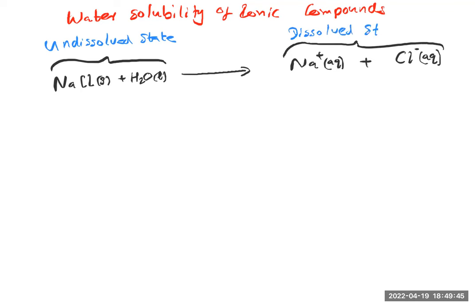I'm going to call this D, and the undissolved state is UD. What is meant by Na+ aqueous and Cl- aqueous is that our cations and anions are surrounded by water. If we have a positively charged ion, let's say this is our sodium ion, it is going to get surrounded by water molecules.